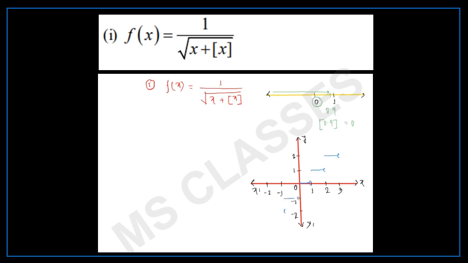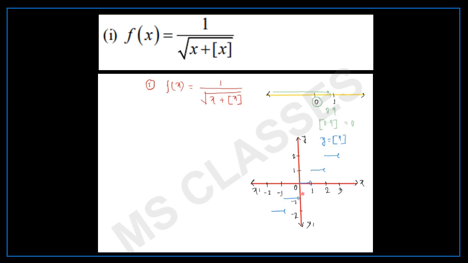This is the graph of y equals [x]. Now, when x is greater than 0, not equal to 0, we are talking about greater than 0, then this is a positive quantity. And this would be a non-negative quantity. So whenever we take x greater than 0, both of them will be what? If we take the sum, because this is positive and this is non-negative, the sum will be what?